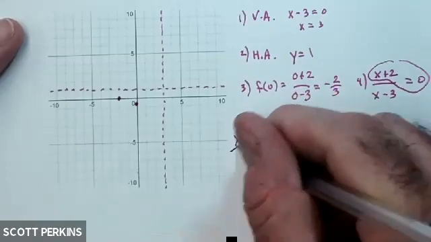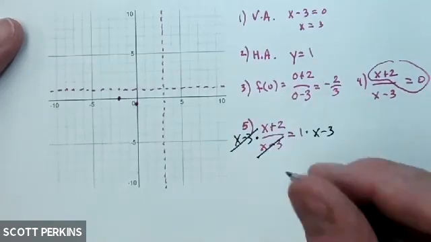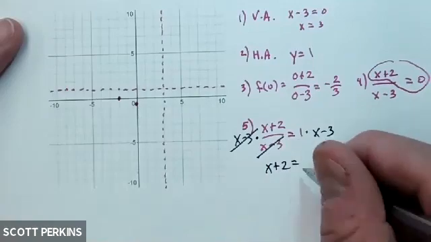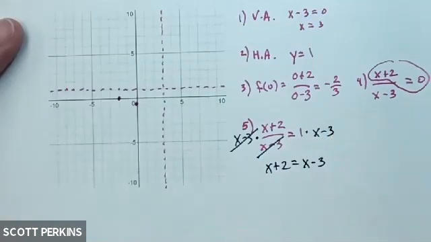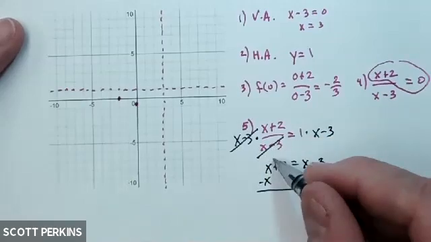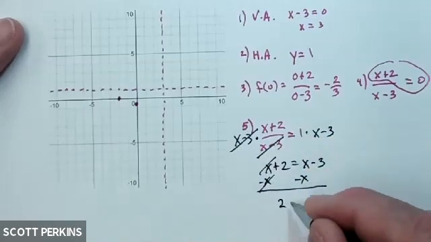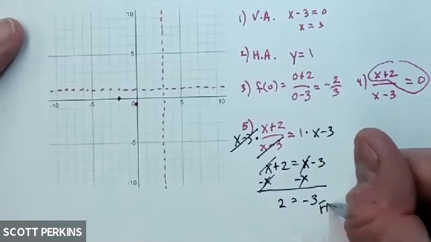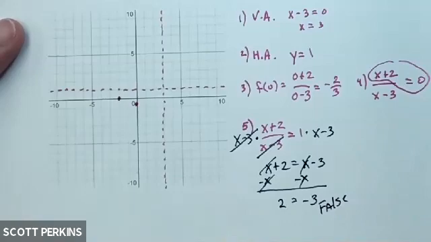On the left side, the x minus 3's cancel, and I'm left with x plus 2. On the right side, 1 times x minus 3 is x minus 3. And when I get the x's all on one side, I'm writing out this step just so that it's clear what's going on. I've got 2 is equal to negative 3. Again, that's false. So does this graph go through the horizontal asymptote? No, it does not.